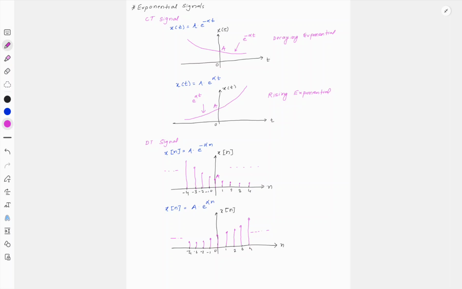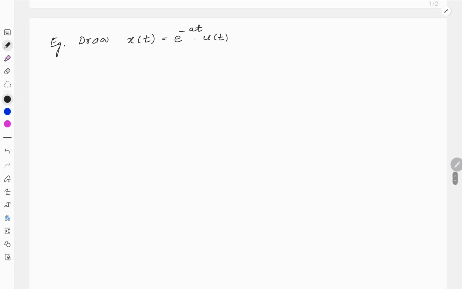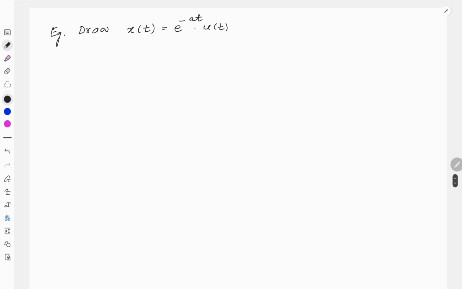Now we'll see one example where you will find it in many of the examples. This equation is given as x of t equal to e raised to minus at into u of t. Now here we have two different signals. One is exponential and another is unit step, and we are multiplying these signals together.